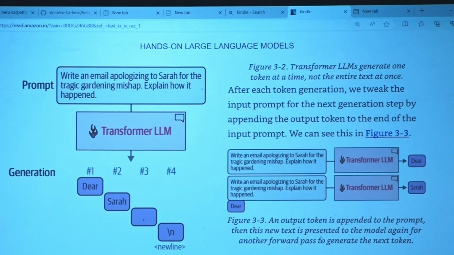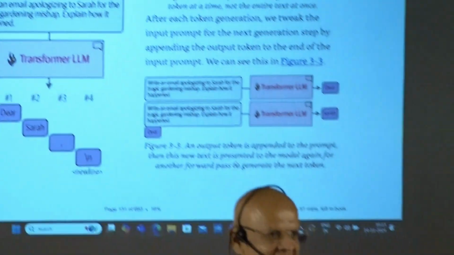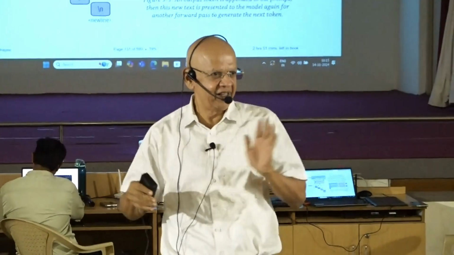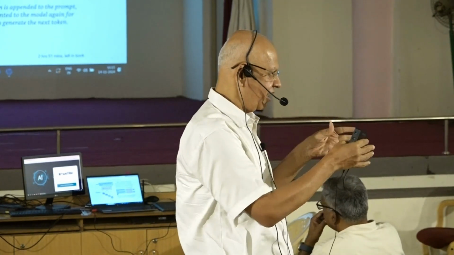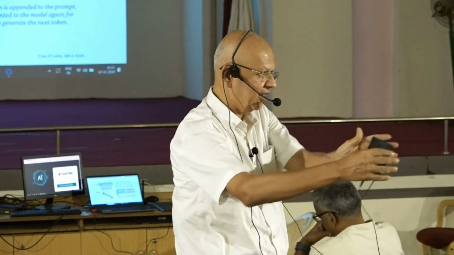And using these two words and the context, it generates the third, in this case not a word but a comma. And then using the three and the context, it generates the fourth. So, this is how any LLM proceeds, word by word.